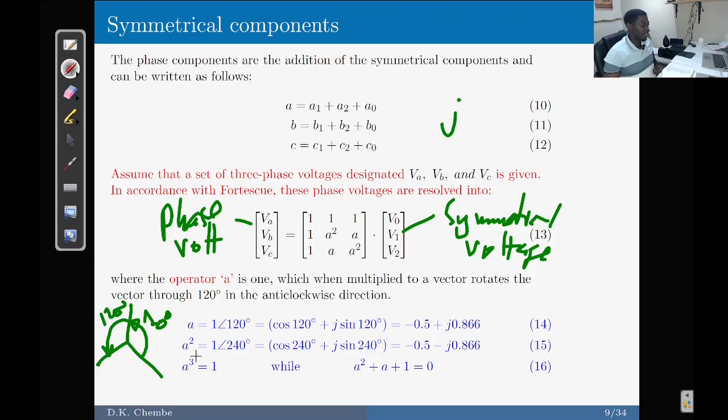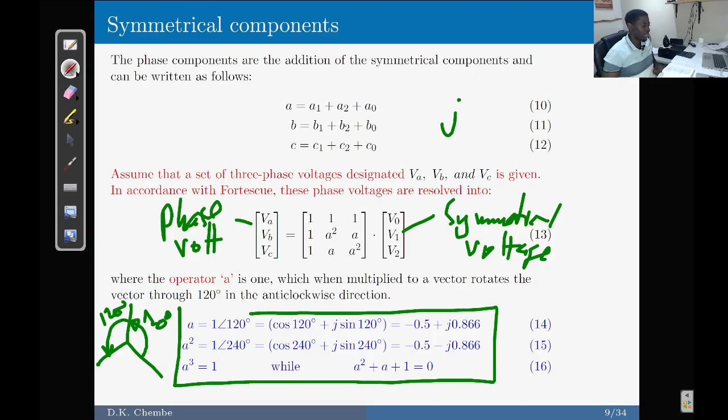Okay, and then A cubed is going to be 1, and A squared plus A plus 1 will give us 0. So take note of these, because this is what we imply when we add these elements or the operator in our matrix.